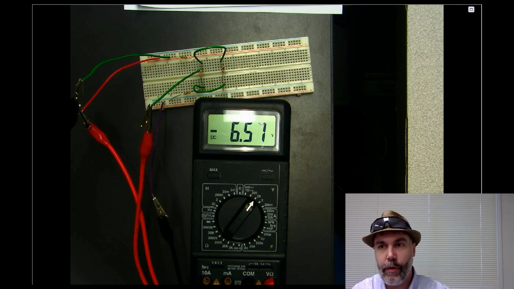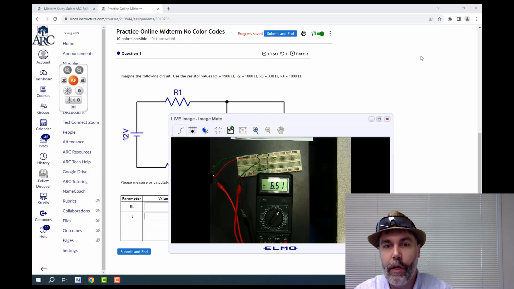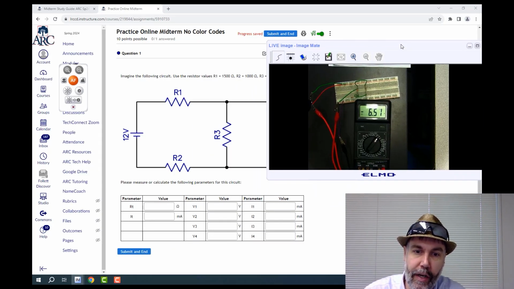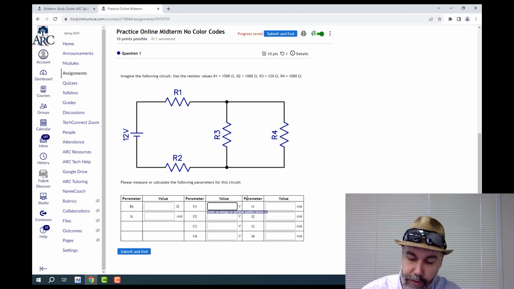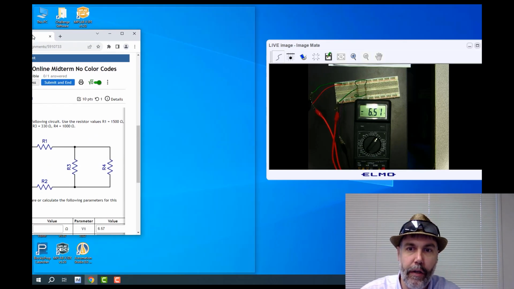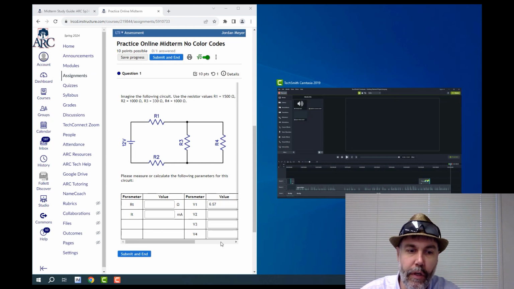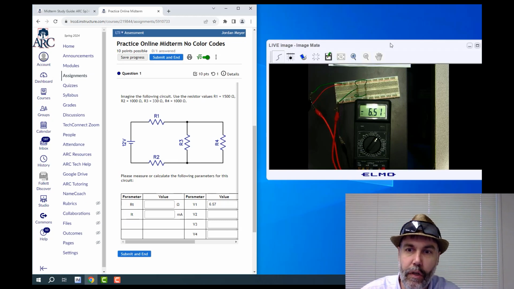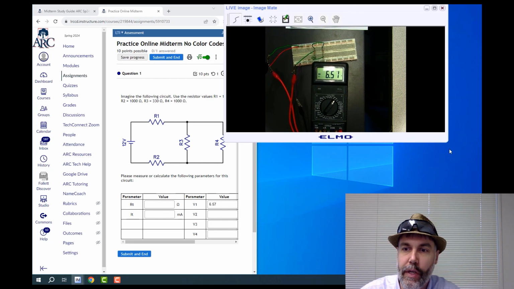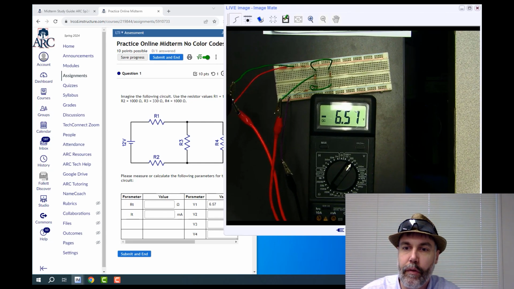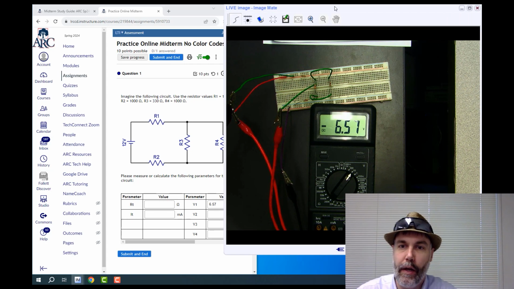So then what I would do is I would come over here to my diagram, and I would say that the voltage for resistor 1 is 6.57 volts. Okay, and then I can do the same thing for the other resistors.